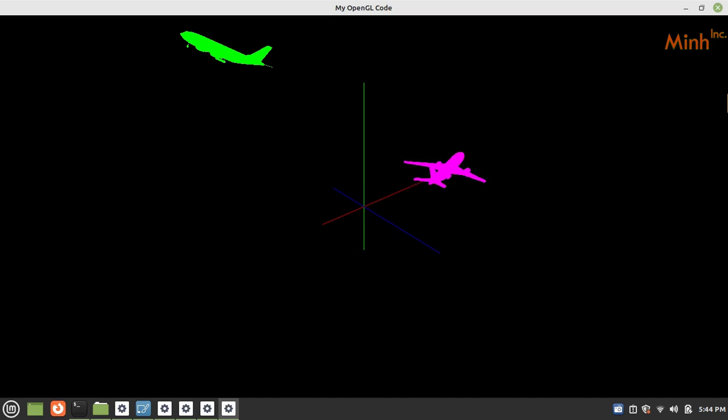Okay, so now it will take off, so we'll rotate it the other way. Okay, nice. Now it will tilt.